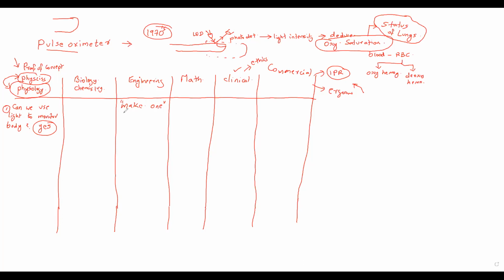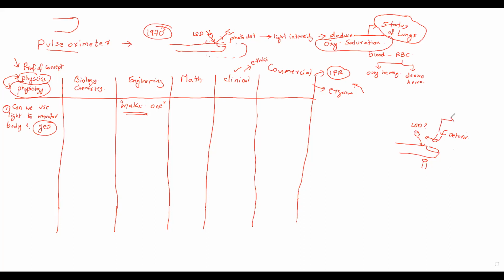So there come so many questions. Say, for example, if I am going to put a light here, where should I put the detector? How close should I put it? What sort of LED should I use? What detector should I use? All these questions have to be answered. How to arrange it?